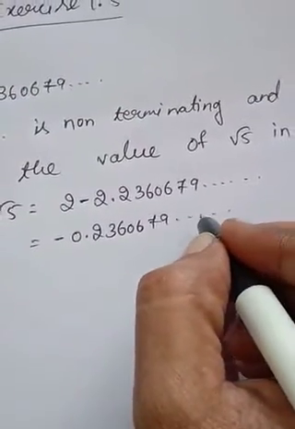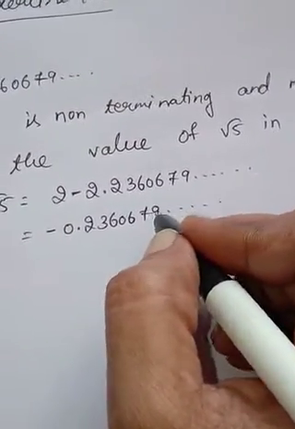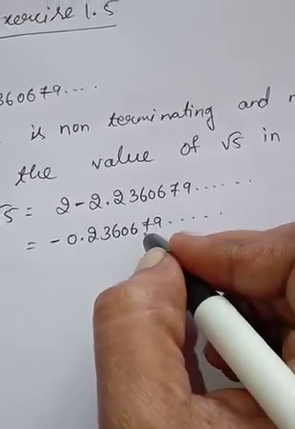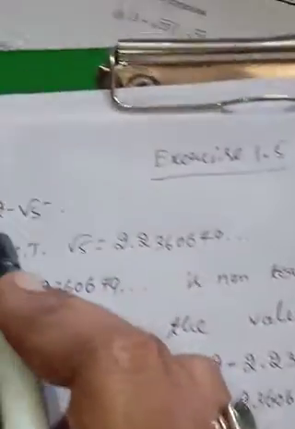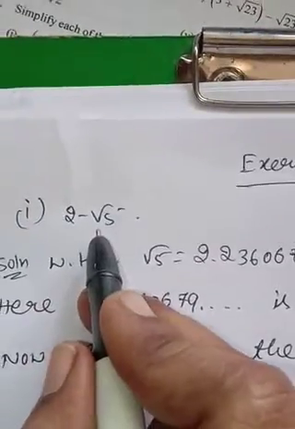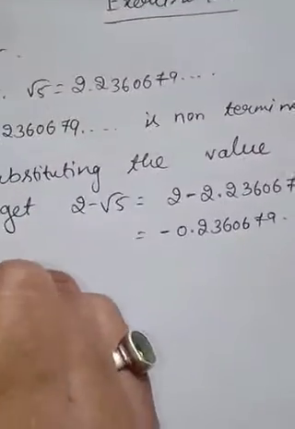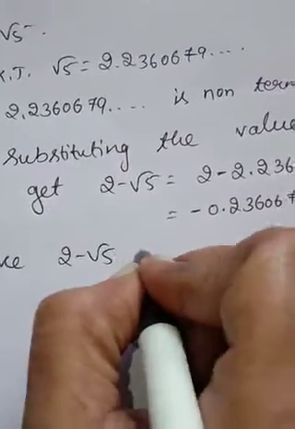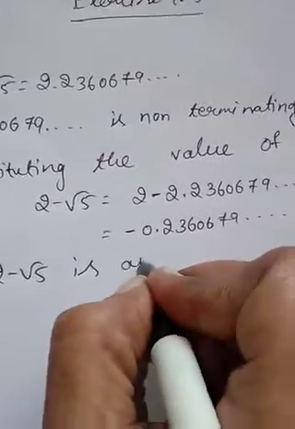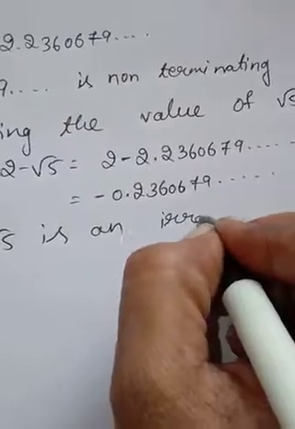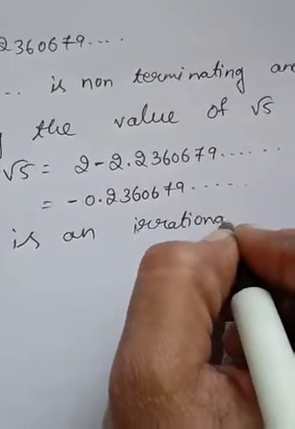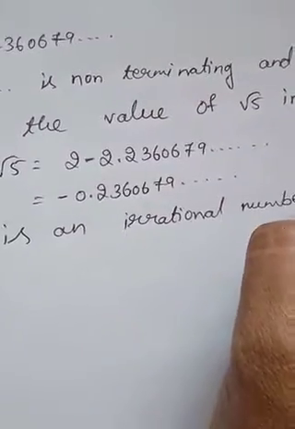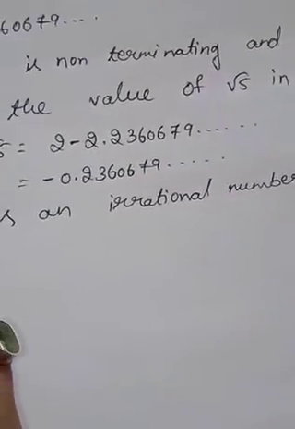It's never stopping, and the number is not repeating again and again. That means we conclude that this number is an irrational number. Hence we can conclude that 2 minus root 5 is an irrational number.